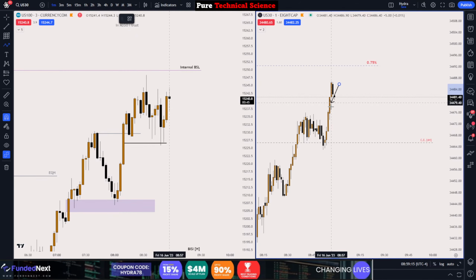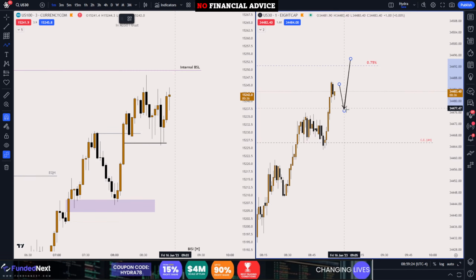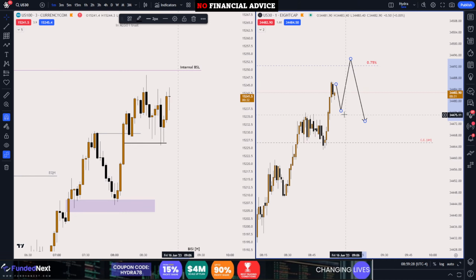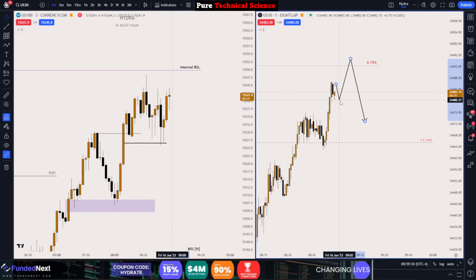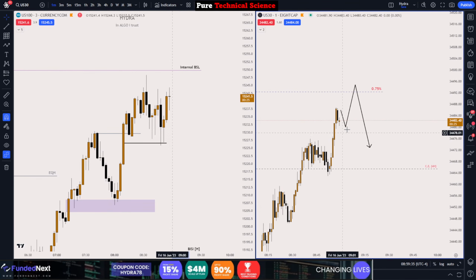Suppose price hits this fair value gap, then expands higher. Once price does that, this down close candle here will become a breaker block, and once price goes below here, I can execute. That's what I'm expecting to see, some kind of price signal like this.